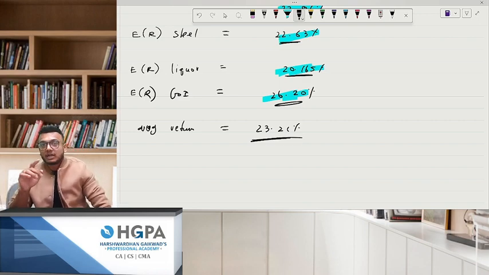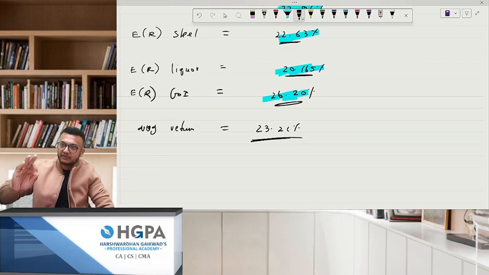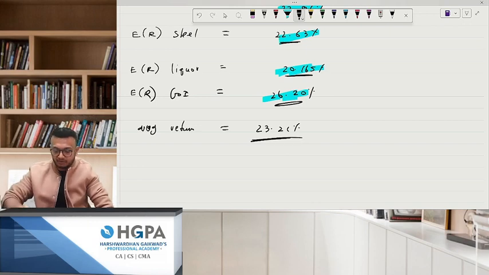Write the note because later you will get confused. Portfolio return is computed by weighted average only, but in this question they have specifically asked for the average. That is why we have computed by simple average. In 3-4 months you will understand why we computed the simple average.